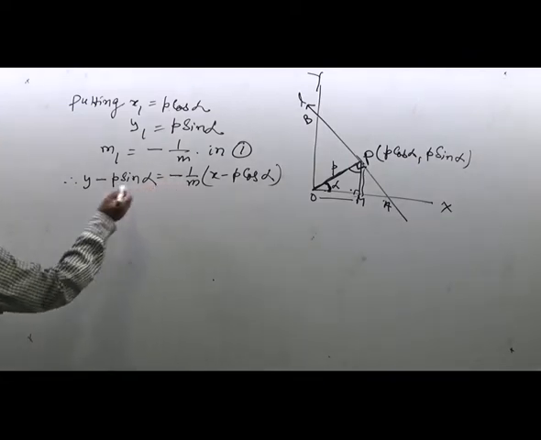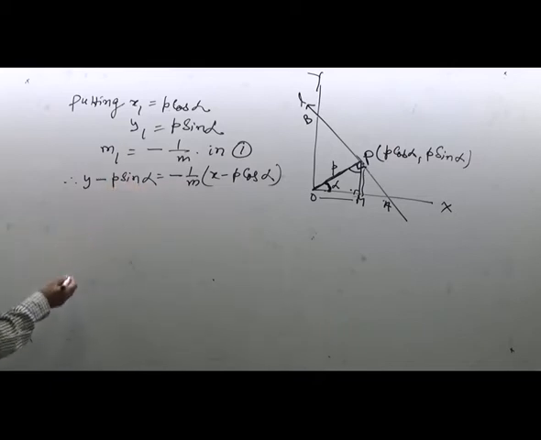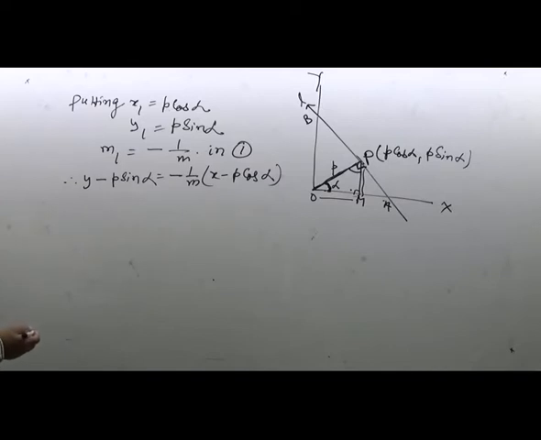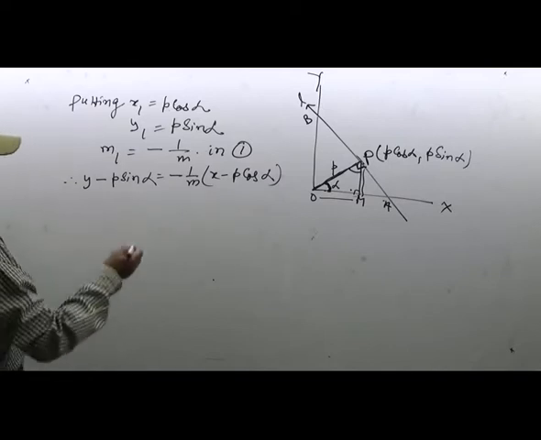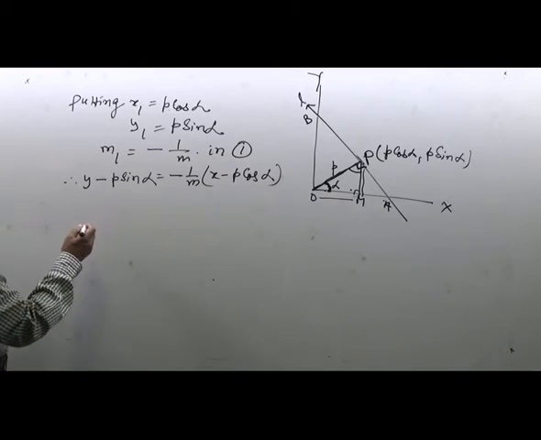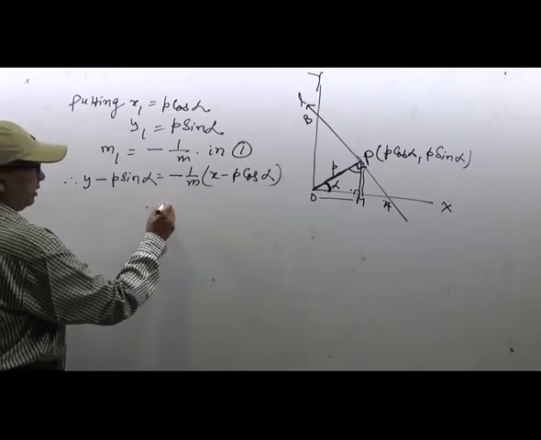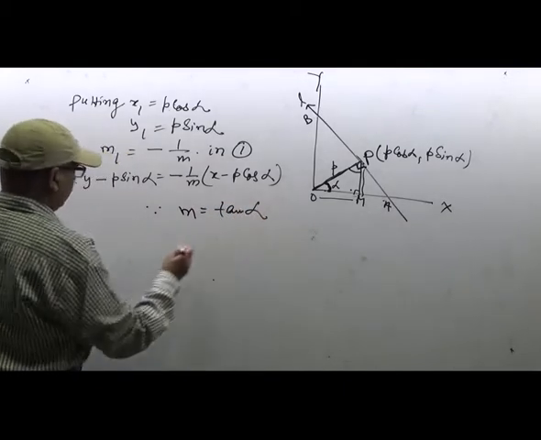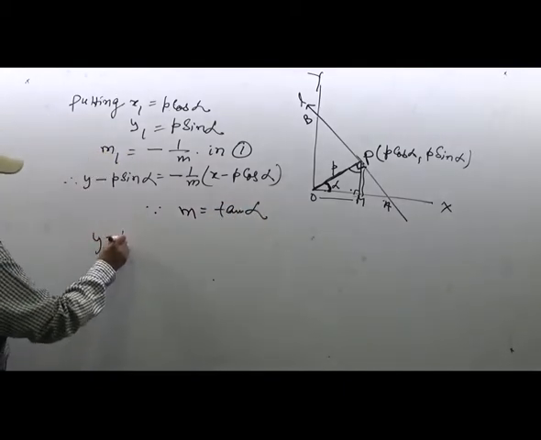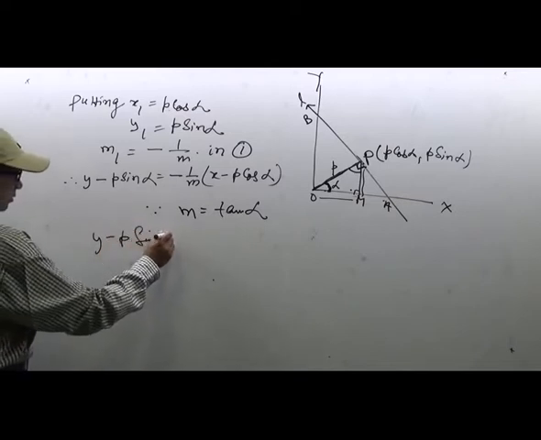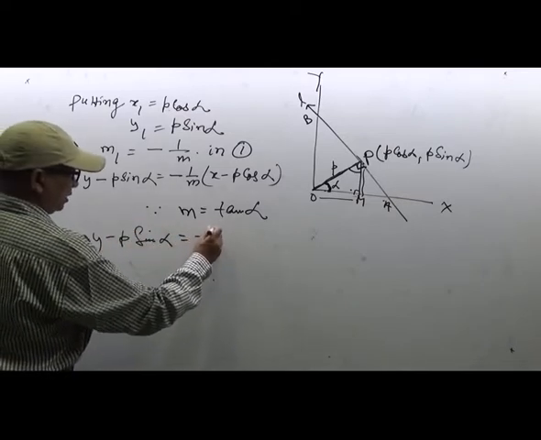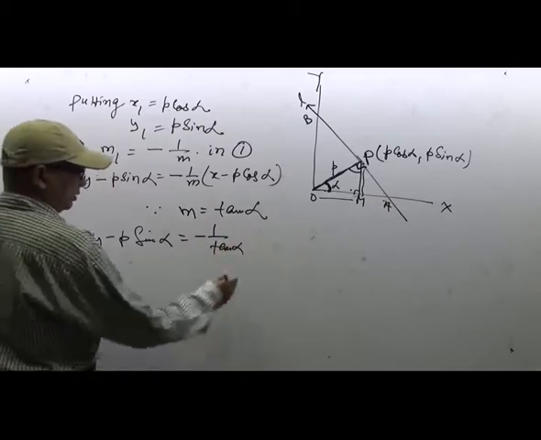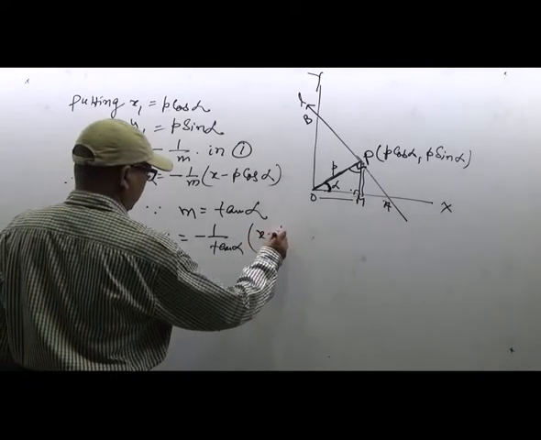Multiplication, a will be multiplied by y, a will be multiplied by P sin alpha. और a की जगह पर, since a is equal to tan alpha, therefore y minus P sin alpha is equal to minus 1 बटा tan alpha into x minus P cos alpha.